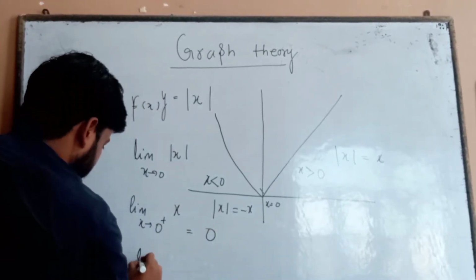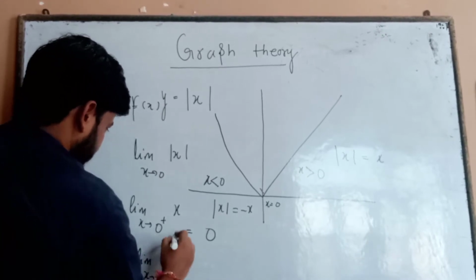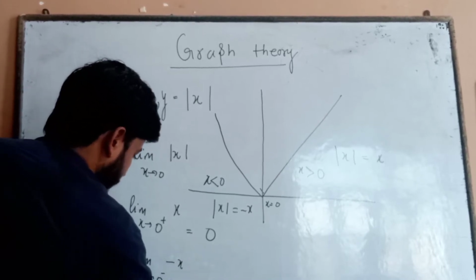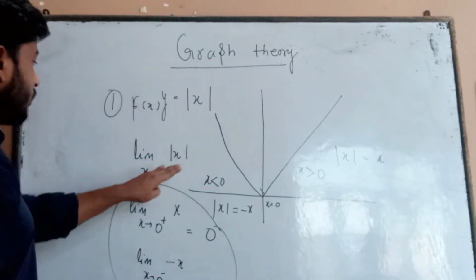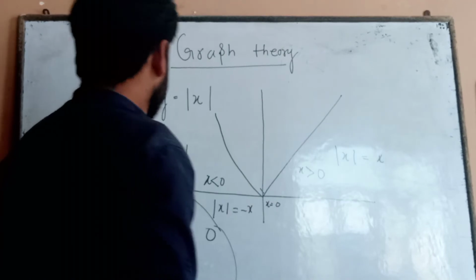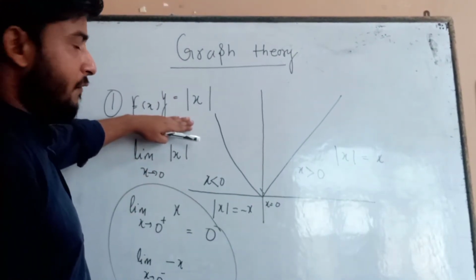When limit x tending to 0 minus, at x equal to 0, the value is 0. So here the limit exists, but we have to know the behavior of a function at a given point. So this is the graph of y is equal to mod of x.